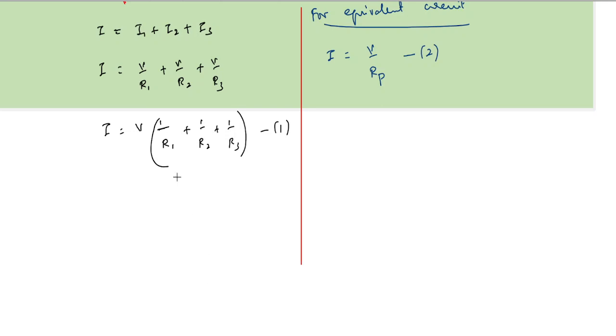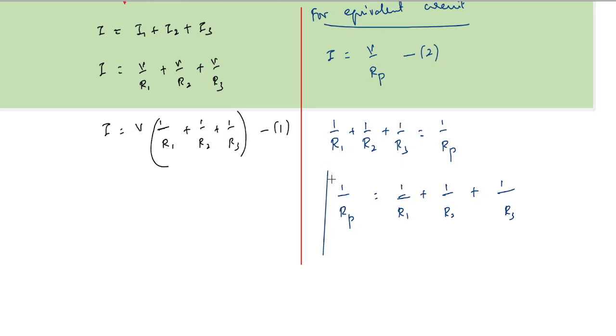Therefore, comparing 1 and 2, we can say 1 by R1 plus 1 by R2 plus 1 by R3 is equal to 1 by Rp. Or just rewriting it, 1 by Rp is equal to 1 by R1 plus 1 by R2 plus 1 by R3. So we find that in case of parallel combination, the formula is different.